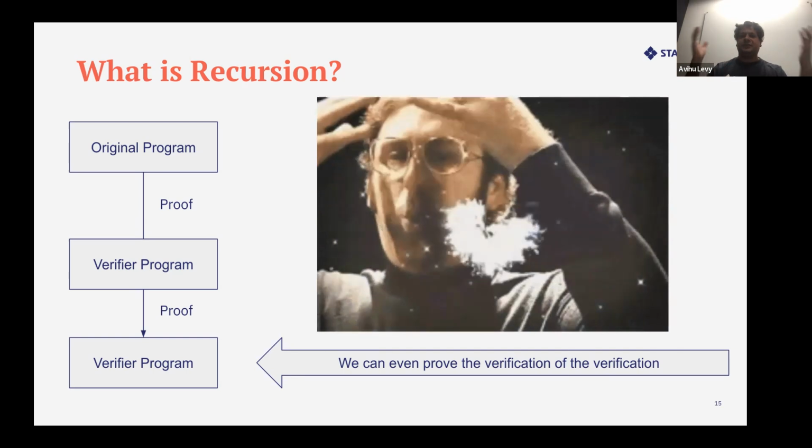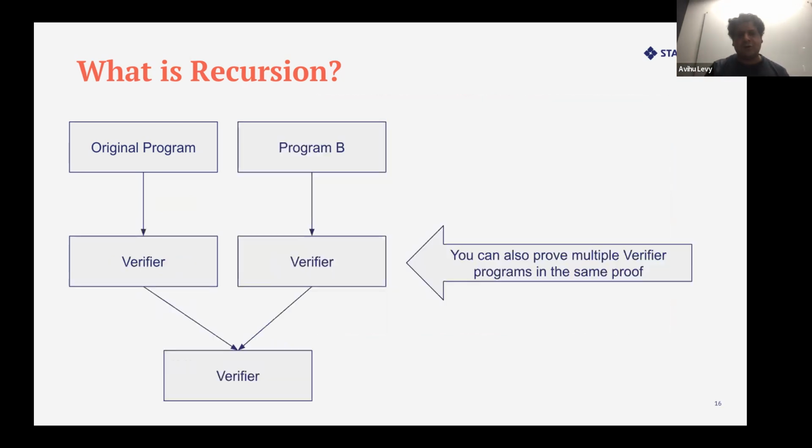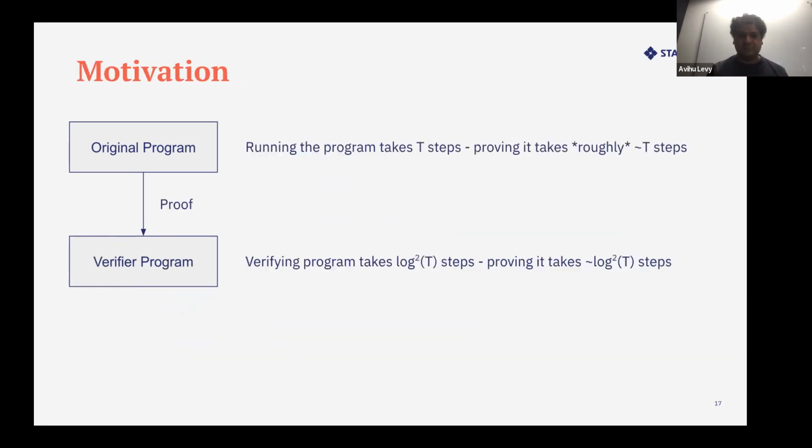It all sounds very nice, but what is the motivation? To explain the motivation, remember that exactly like we can in SHARP take two programs and generate a single proof for them, we can also take two verifier programs and generate a single proof for two verifier programs at the same time.